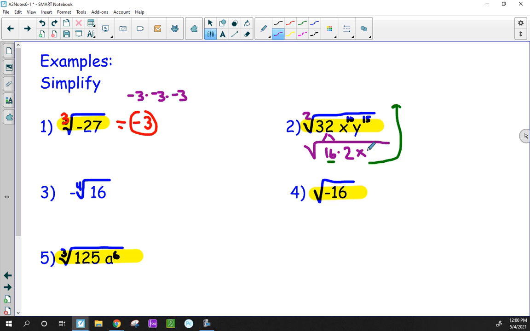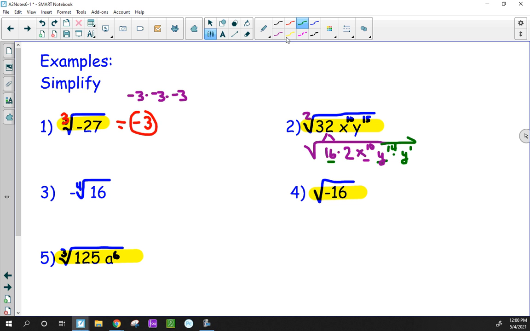Let me copy this back down. x to the 10th simplifies. And then I have y to the 15th. But when I divide 15 by 2, it's not a nice whole number. So what I have to do is write it as y to the 14th, because 14 is an even number. So 14 and 1. Then I'm going to write this as y to the 14th and y to the 1st.